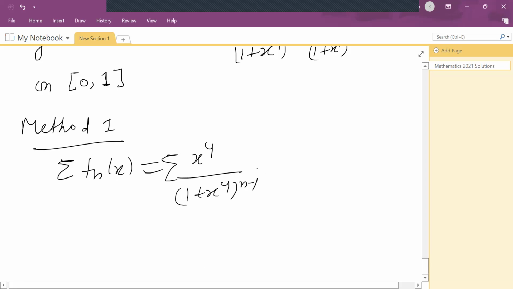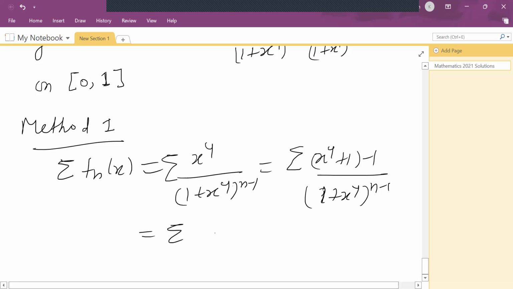If I manipulate it a little bit, x^4 plus 1 minus 1, whole upon (1 plus x^4)^(n-1).